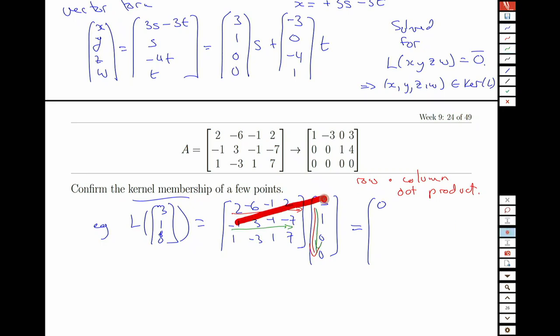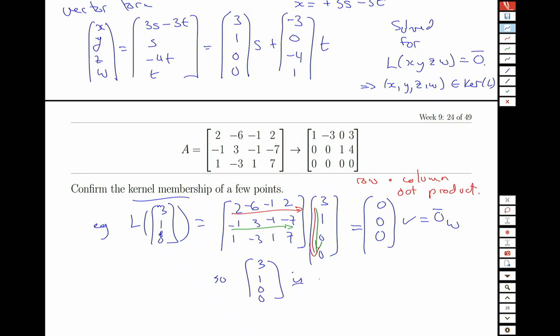We're going to get minus 3 plus 3. Oh, that's 0. Hey, it's this theme. Plus 3 minus 3. Hey, 0. That's the 0 vector in W. And so the vector 3, 1, 0, 0 is in the kernel of L.